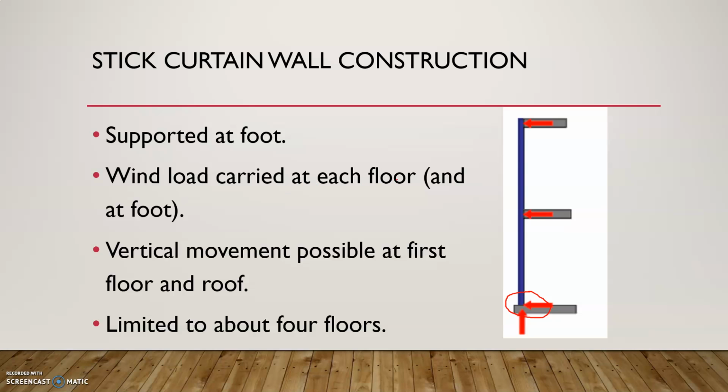Wind load is carried at each floor and at the foot. Vertical movement is possible at first floor and roof, limited to about 4 floors. Yeah, so stick curtain walling constructions are limited to only 4 stories high.